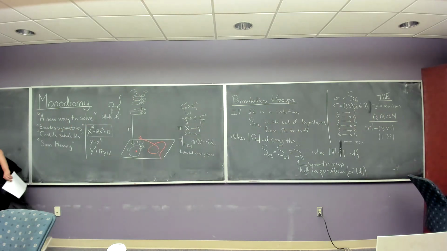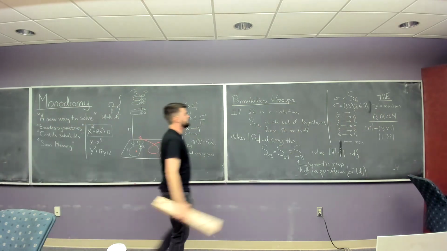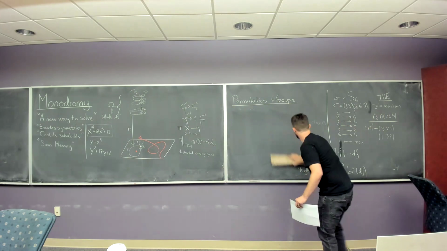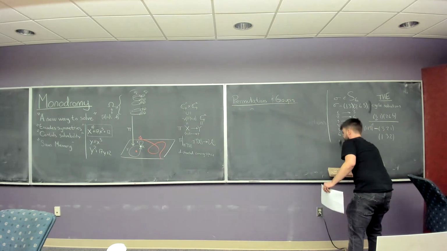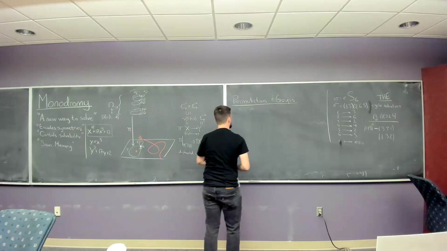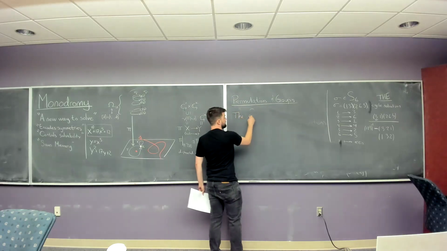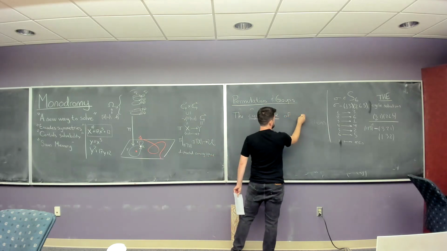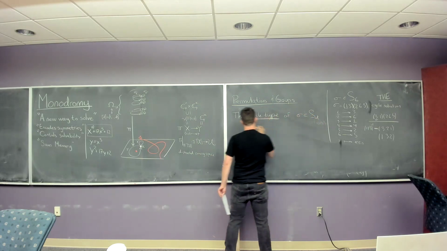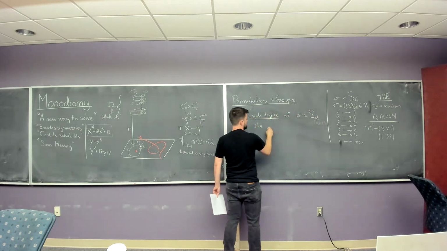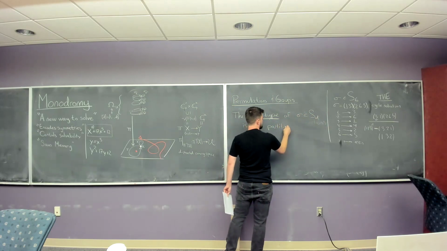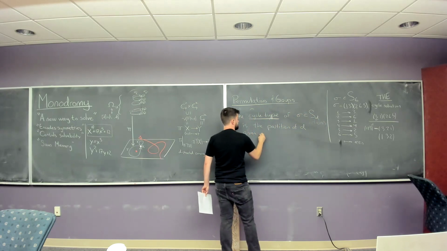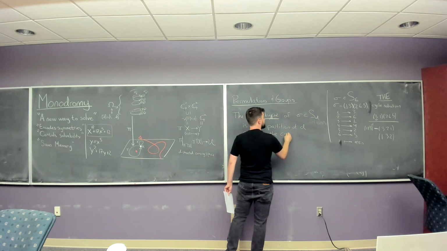I'm gonna collect some basic facts about permutations we may or may not use later. The cycle type of sigma in S_d is the partition of d given by the cycle lengths.